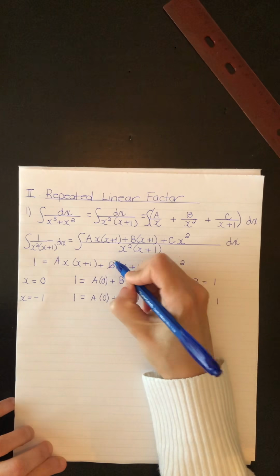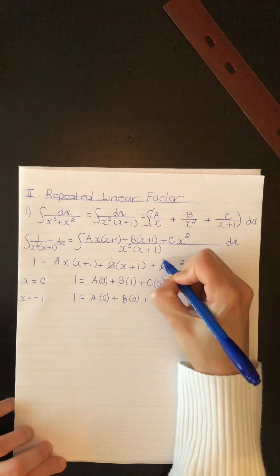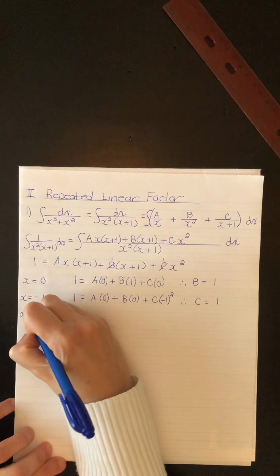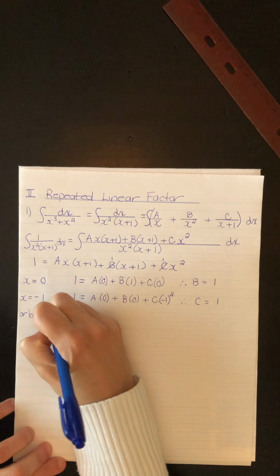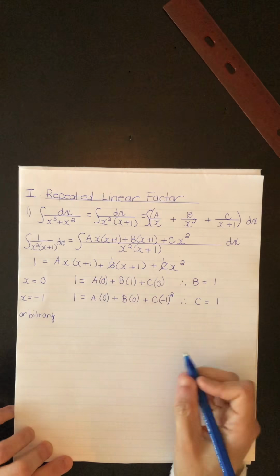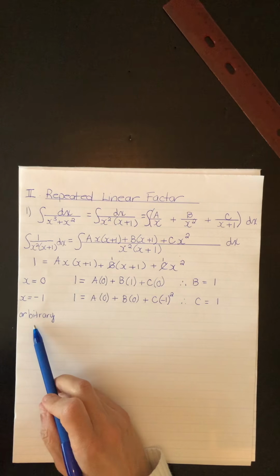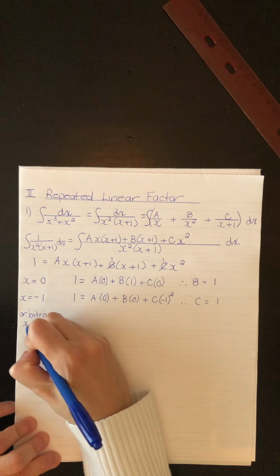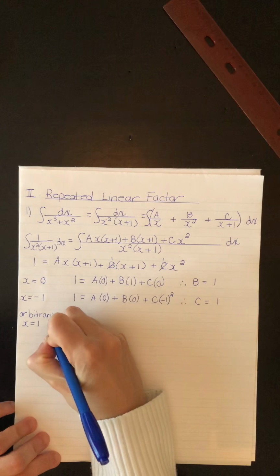So we're going to have a 1 here and a 1 here. And arbitrarily, so I'm going to write here arbitrary, so you know that you can pick any value you like. Normally the easiest one to use is 0, but we've already used that up. So another nice one to work with is 1.